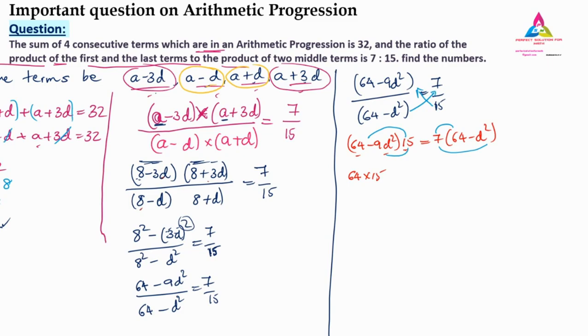Don't multiply 64 into 15 like this, 15 fours are 60, 6 carry, 15 sixes are 90, 90 plus 6 is 96. Don't write it this way. What you have to do is write it as it is, 64 into 15. Don't do this calculation, because it will make it simple while solving.